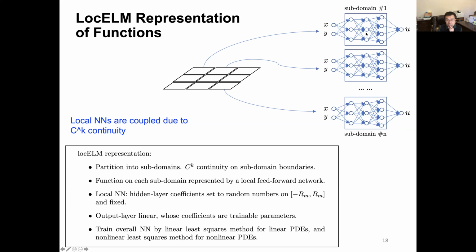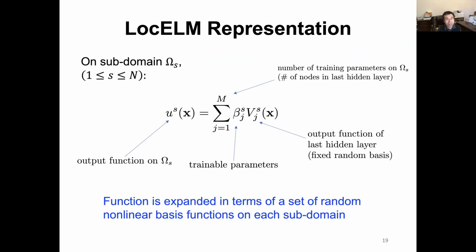Now the function on each subdomain is represented by a local feed-forward neural network, and all the hidden layer coefficients will be assigned to random values and fixed. Only the output layer coefficients are trainable. And then for solving linear PDEs, we are going to train the neural network by a linear least squares method. And for nonlinear PDEs, we are going to train the network by a nonlinear least squares method. So that's the basic idea.